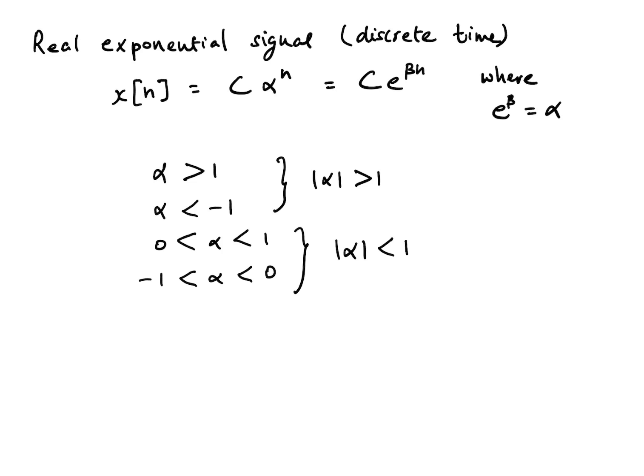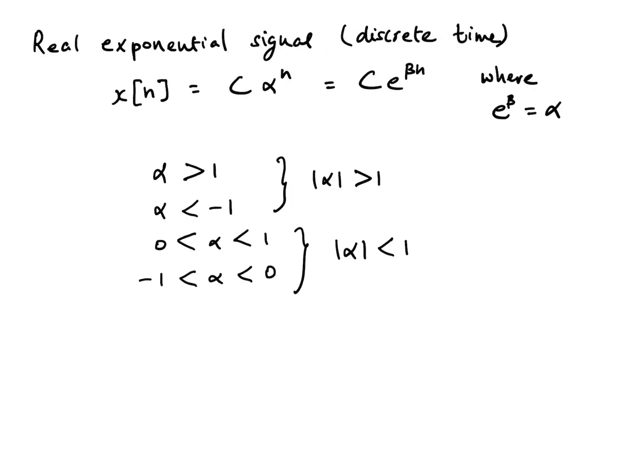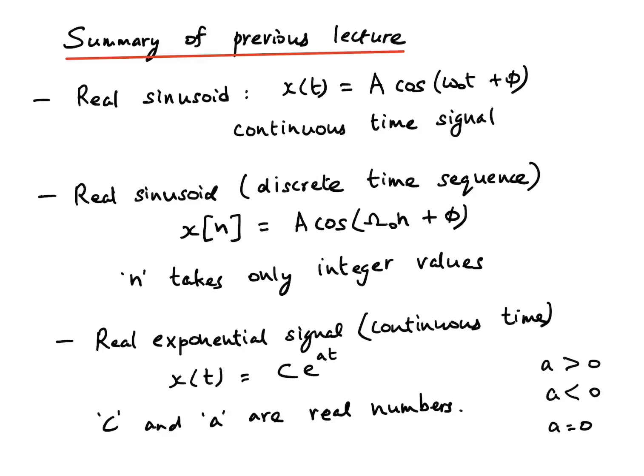In today's lecture, we are going to extend the ideas of the exponential signals to the case when c and alpha, or c and a, take on complex values. We will see what happens for the continuous exponential signal when c and the parameter a are, instead of real numbers, complex numbers.